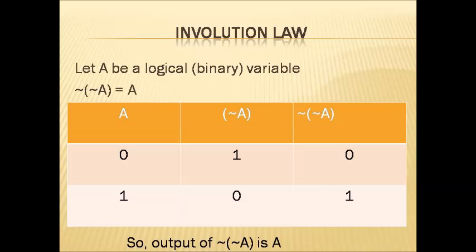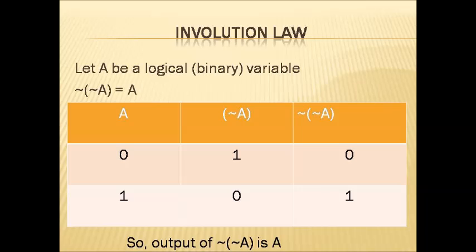According to the involution law, let a be a logical variable or a binary variable. Complement of complement of a is equal to a. Right? So here in the truth table you can see that we have a binary variable a which can have values 0 and 1. And on the next column you can see that we are finding the complement of a, that is the negation of a, that is 0 becomes 1, 1 becomes 0.